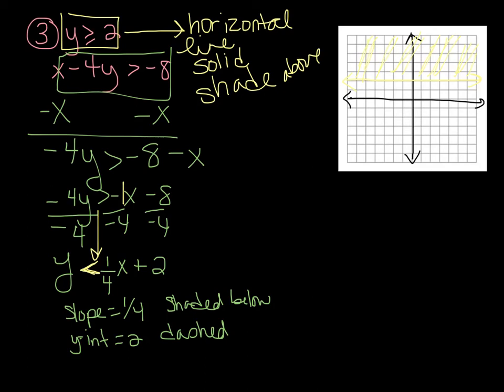I'm going to start by graphing my intercept at 2. Then I'm going to use my slope. I go up 1 and right 4. And then I will draw a dashed line. From there, I am going to shade below my line.